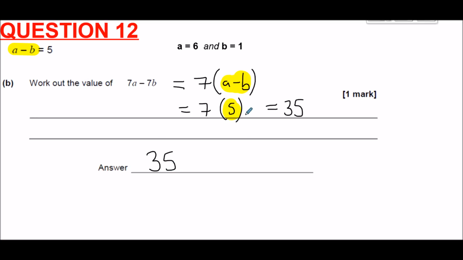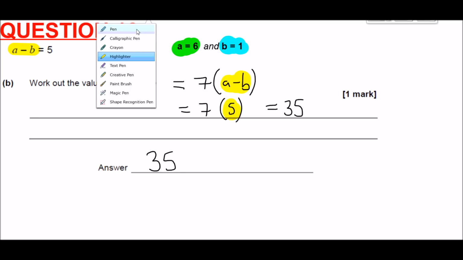Now, without factorising or messing about with brackets, you could just use these suggested figures for A and B. As I said before, pick any two numbers so that whatever A is and whatever B is, A take away B gives you 5, like it should. So let's say A is 6, let's say B equals 1.